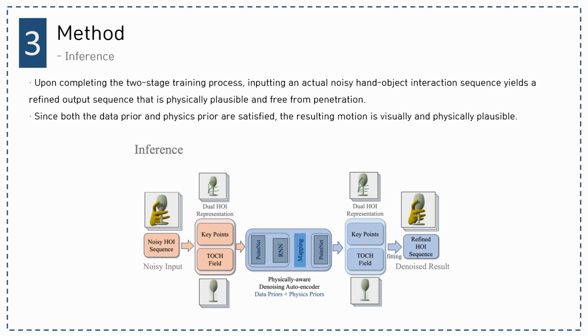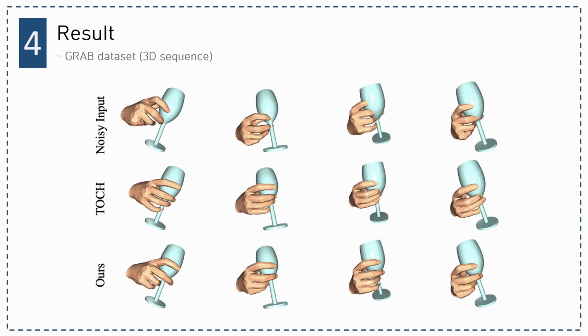Once these two training stages are complete, feeding an actual noisy hand-object interaction sequence as input yields a refined sequence that prevents penetration and is physically plausible. This is visually demonstrated in the results. The paper compares TOC's performance on the 3D dataset, graph, and the 2D image and depth dataset, whole 3D.